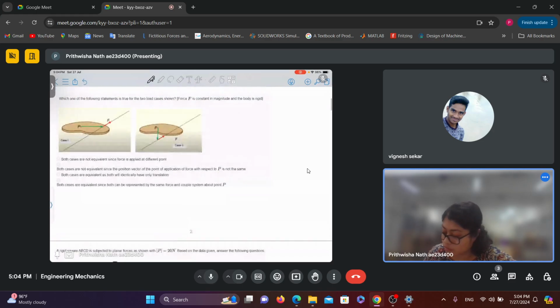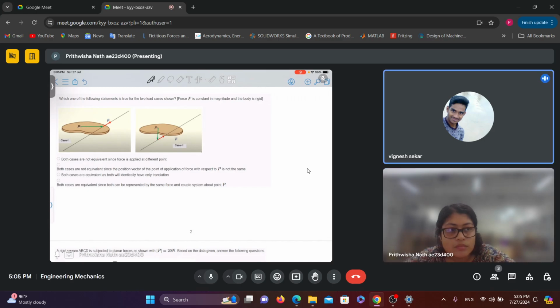So can you tell me which option is correct? Both cases are not equal, and forces applied in different points, right?